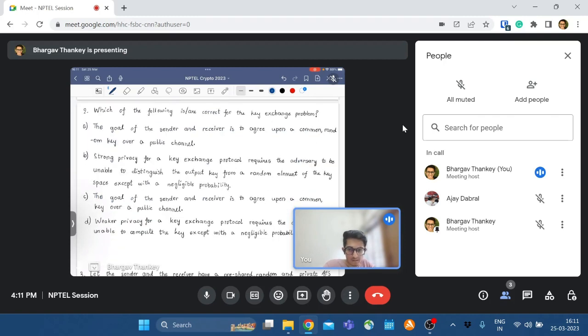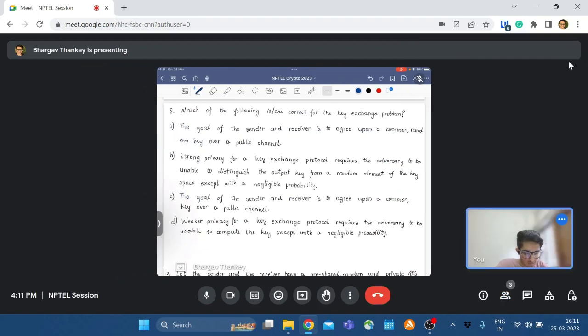So the next problem is: which of the following is or are correct for the key exchange problem? Option A is the goal of the sender and receiver is to agree upon a common random key over a public channel. Option B is strong privacy for a key exchange protocol requires the adversary to be unable to distinguish the output key from a random element of the key space except with a negligible probability.